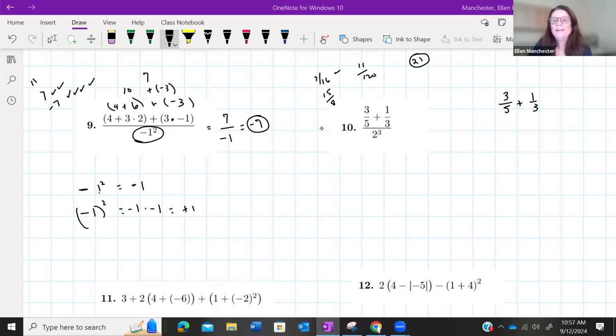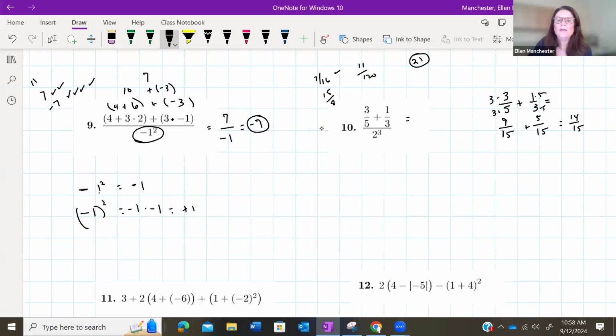Okay, so we'll go ahead and get going here. So we need a common denominator. So again, it doesn't have to be the lowest, and in this case, it is the lowest. So I just multiplied 5 and 3. This one I have to multiply by 3, so I get 9. This one I have to multiply by 5, so I get 5. So 9 plus 5 is 14/15.